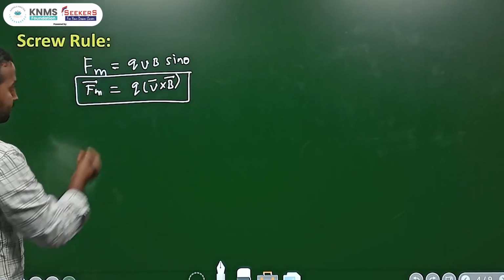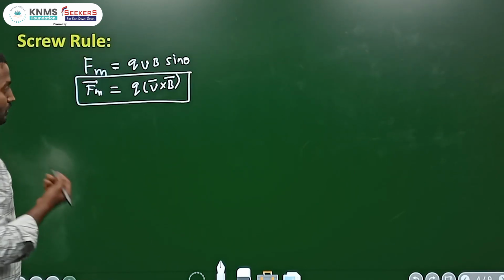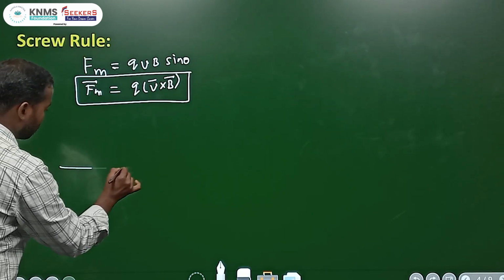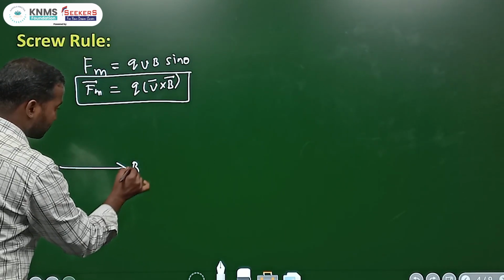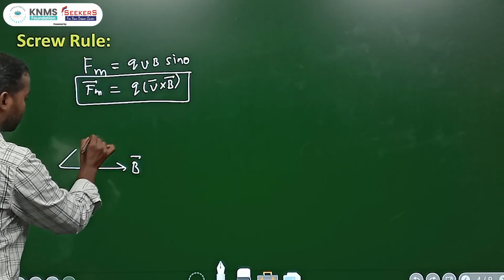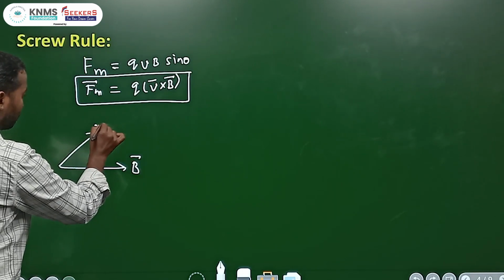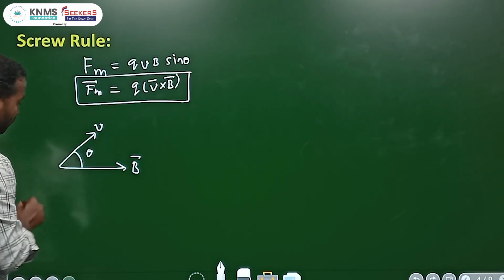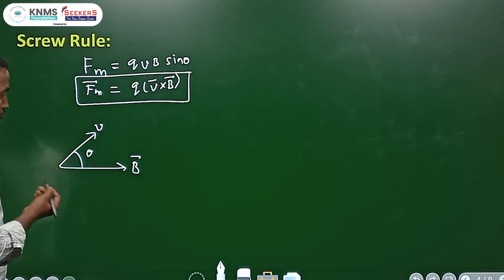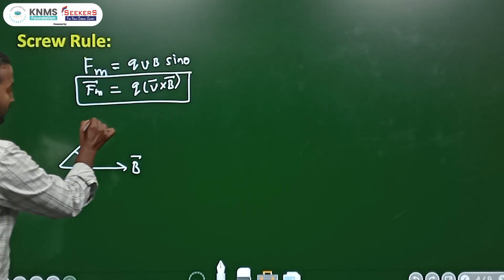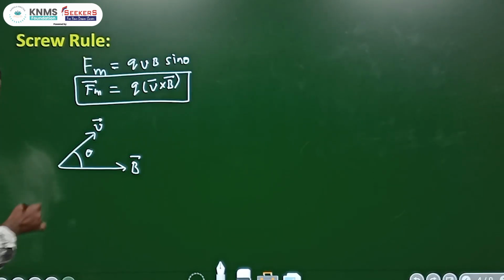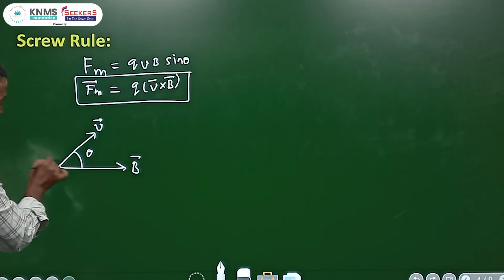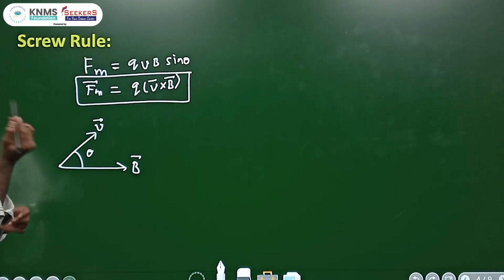If you see this, how do you find the direction of the magnetic force? Let us take some situation like this. For example, there is a magnetic field in this direction and a charged particle is moving with velocity v, making an angle theta with respect to the magnetic field. Now, how do you use the screw rule? You take both the vectors, velocity and magnetic field, and meet both their tails, and at that location assume that this pen is a screw.